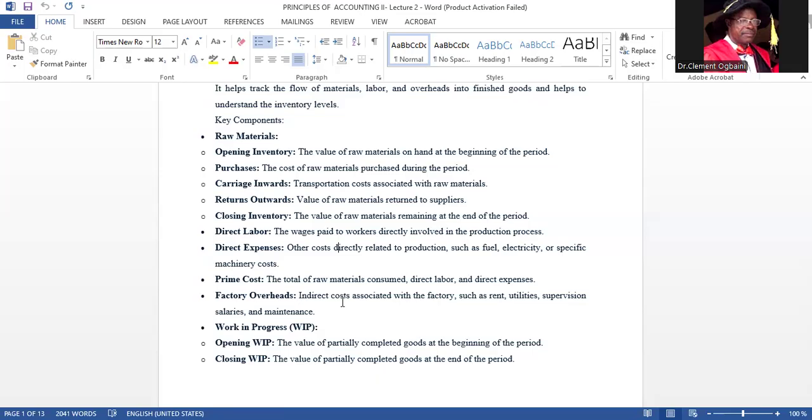They can tell you that if a plate of rice is 2,005, 500 on each plate of rice goes to them. So if you can trace that expense, that if we sell 10 plates of rice, 5,000 will go to the company that gave you the franchise.